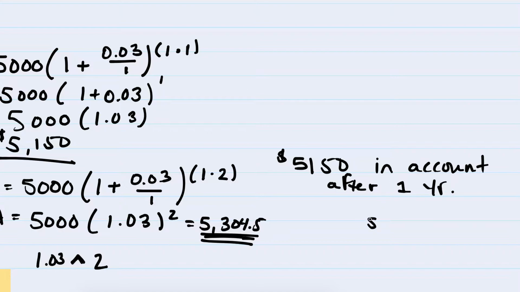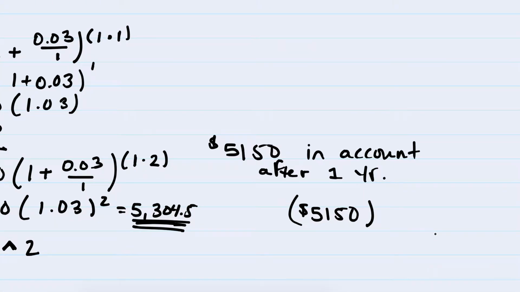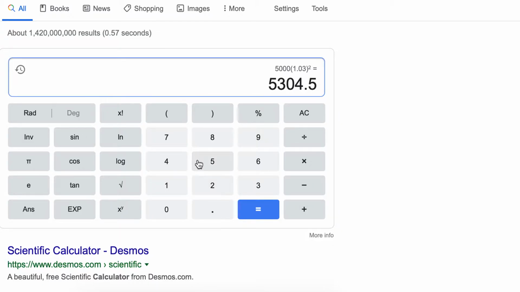So what is happening here is we're going to take that 5,150 and we're going to get interest on that whole total. With the simple interest, we were only getting interest on the 5,000, but we're putting extra money into the savings account. So we want to get interest not only on the 5,000, but also on the $150. So if we take 5,150, multiply it by 0.03, we get 154.5.